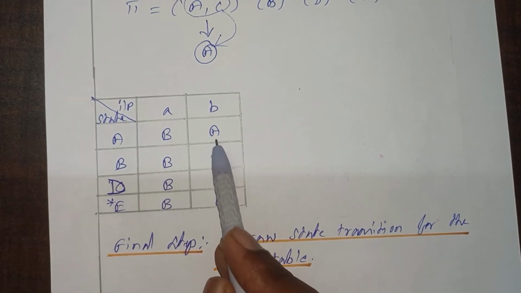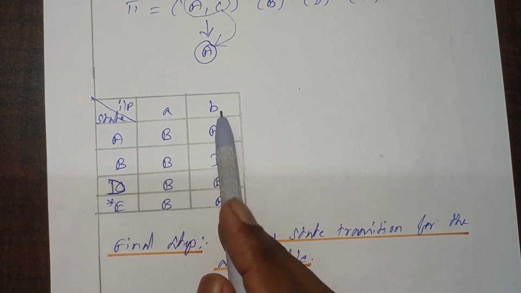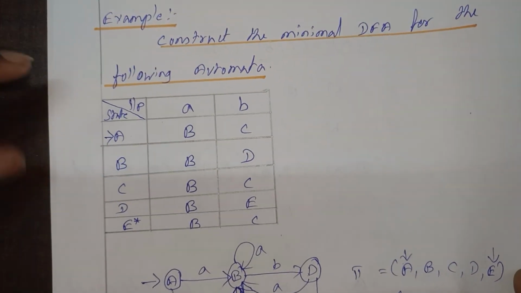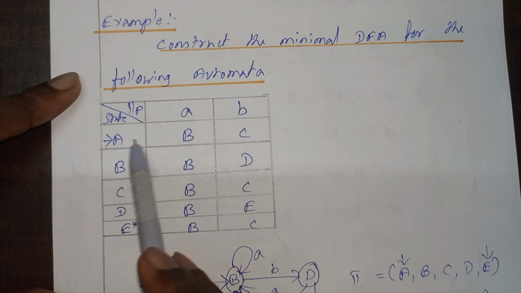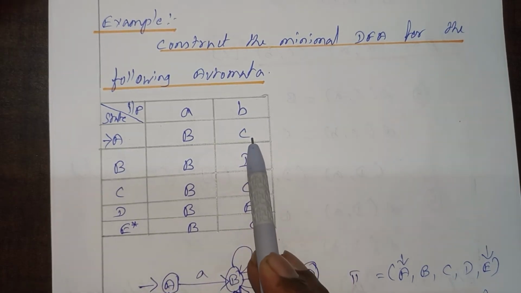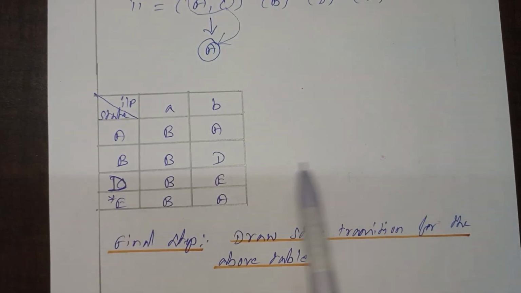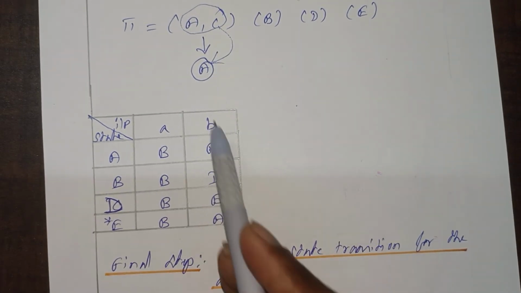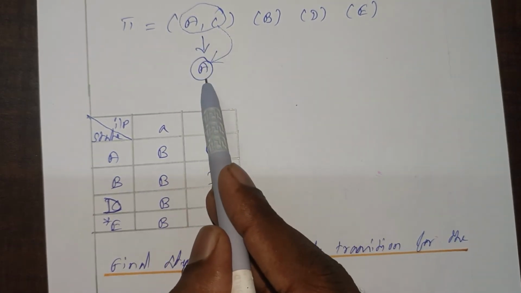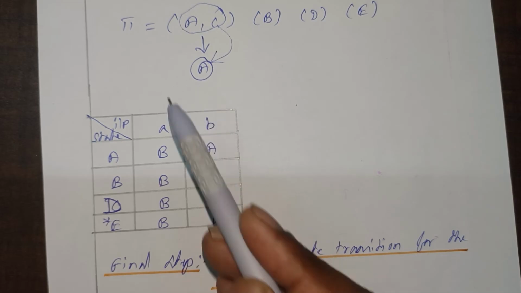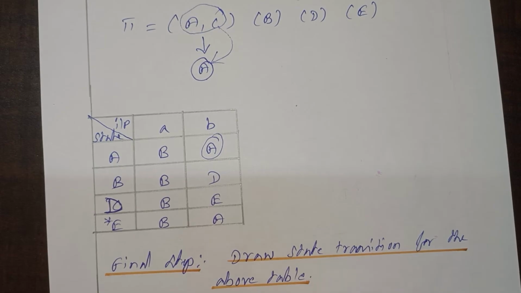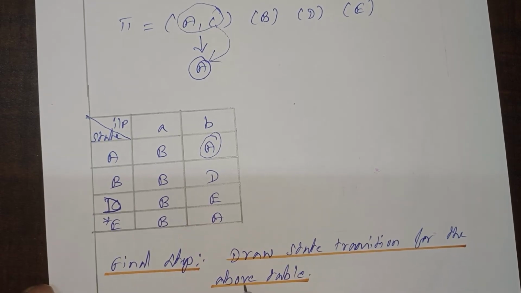A is taking small b and reaching C. Check the original table here: A is taking small b and reaching capital C. But here we are replacing that C with A. So altogether A comma C, we are going to call it one single state. So this C has been replaced as A, and you can check where all this C has been replaced.